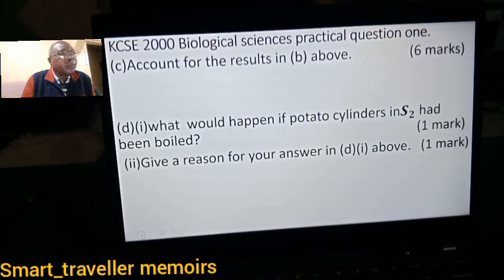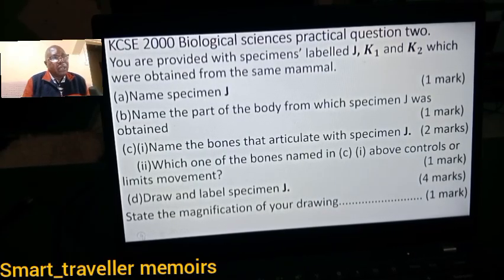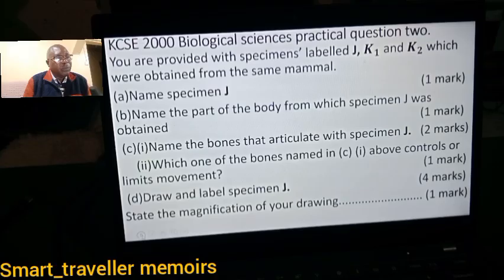Question 2. You are provided with specimens labeled J, K1, and K2, which were obtained from the same mammal. A. Name specimen J. B. Name the part of the body from which specimen J was obtained. C. Roman 1.